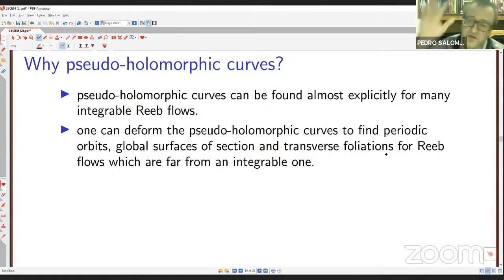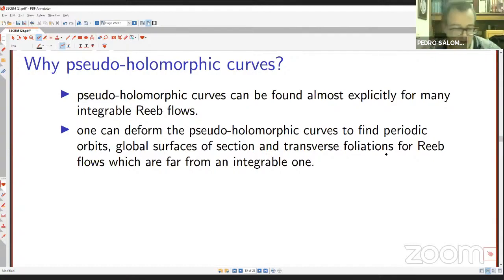We can try to push these holomorphic curves to produce foliations for these other systems which are far from integrable. But why do they persist? That's something, because it's like a perturbative argument. But I understand that if you use a perturbative argument, it's going to work just for parameters close to the integrable one, right? Yeah, but it's not exactly.